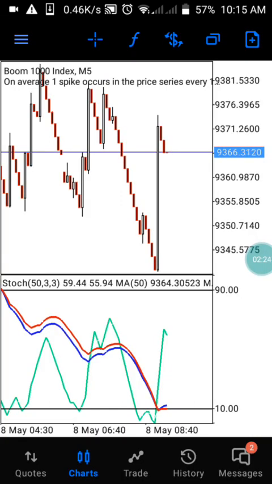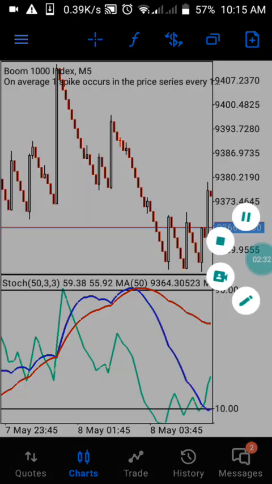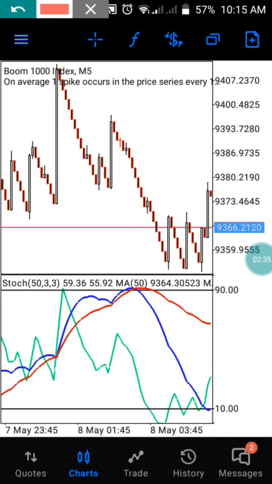So what you only need to do when it comes to Boom 1000 5-minute time frames for you to catch just two candles is to wait for your moving average, which is these two moving averages, to reach your 90 level. When it reaches your 90 level, that is the first assurance that you have.